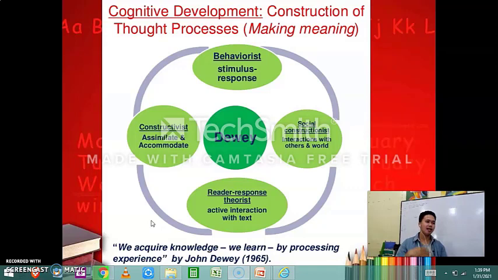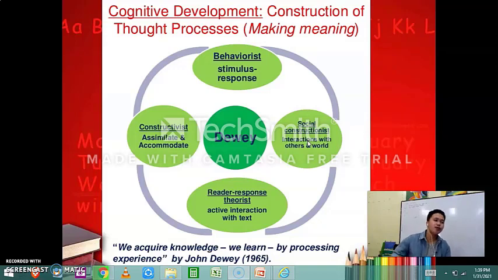Okay? That's the behaviorism. Ang social constructionism naman is an interaction with others in a world. Of course, social constructionism, from the word social, constructionism. So you interact with the world, and then you learn from the world, or you learn from your peers.